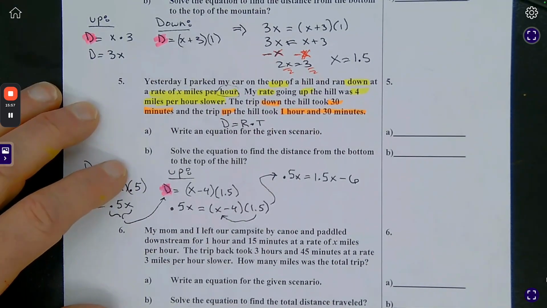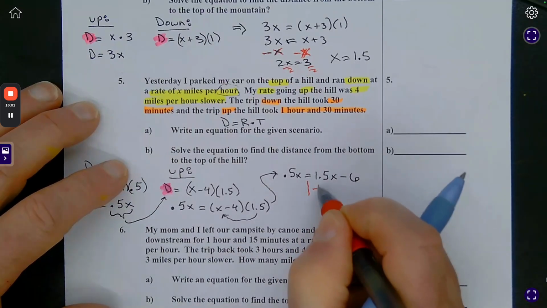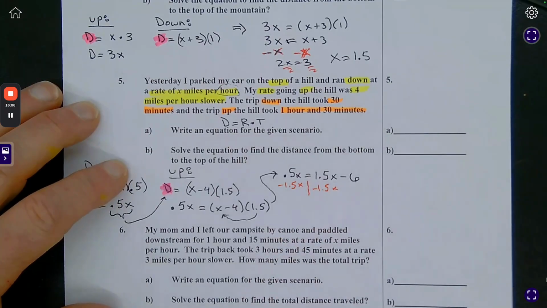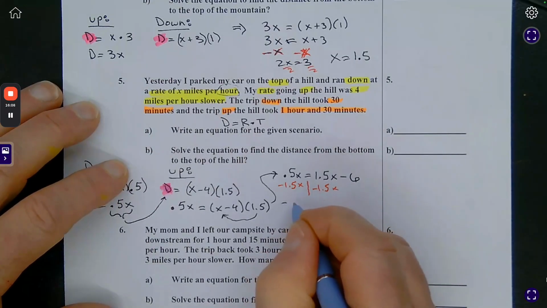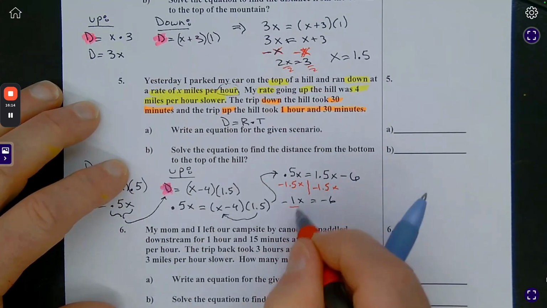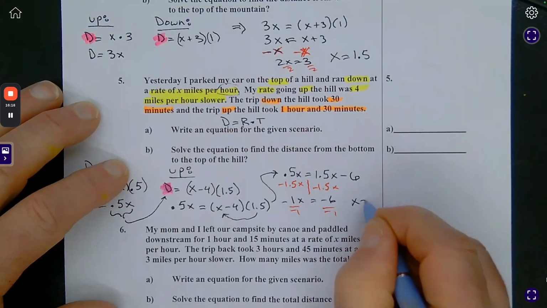Okay, good job. Now I'm done simplifying. So I'm going to move my variables to the left. And that gives me negative 1x equals negative 6. Divide by negative 1. And I get x equals 6.